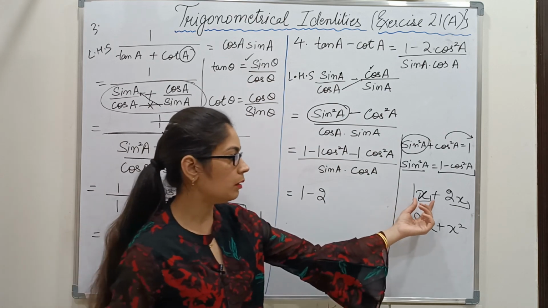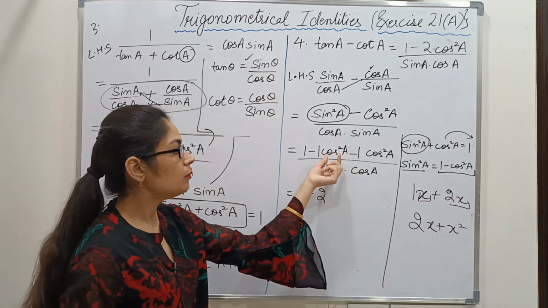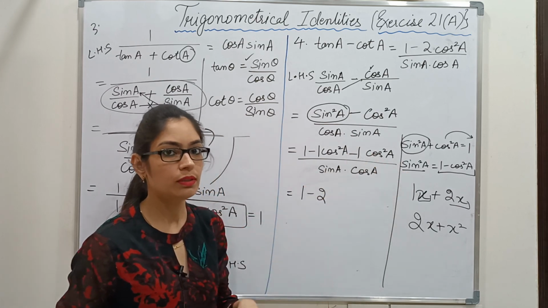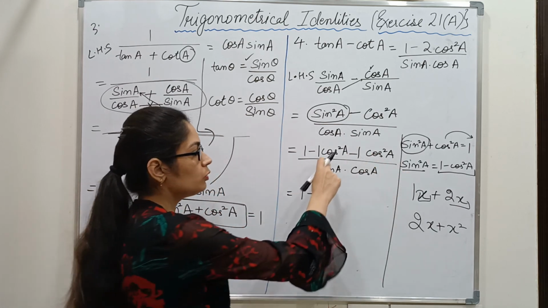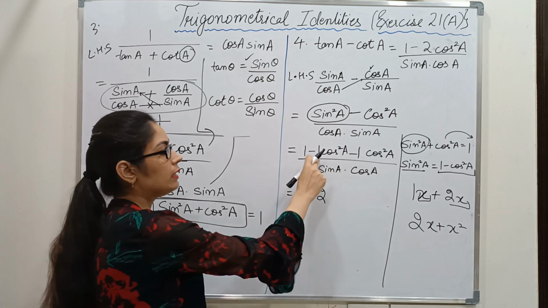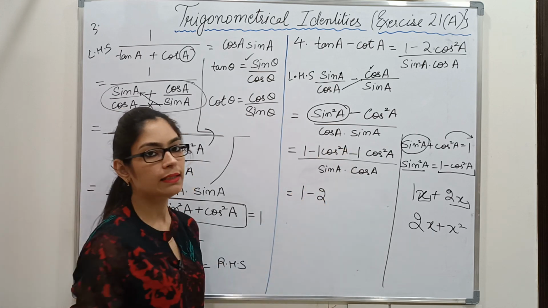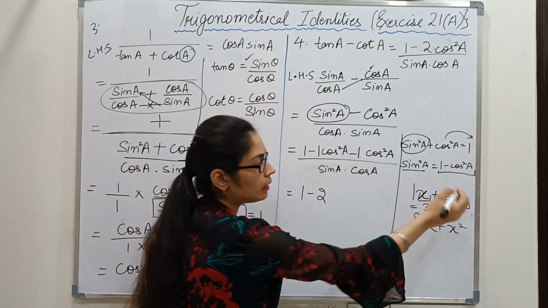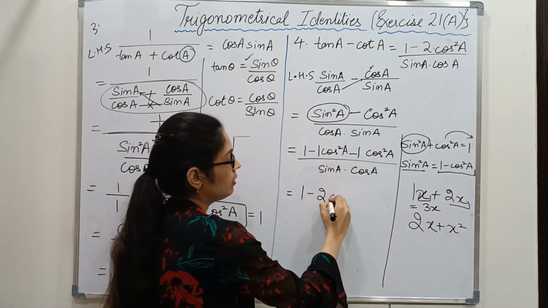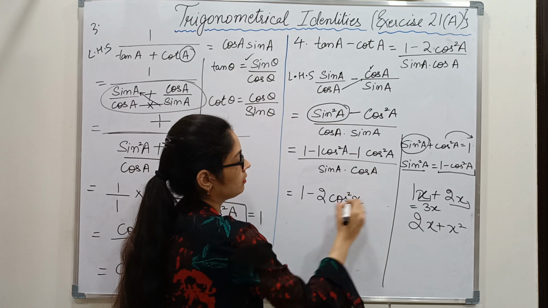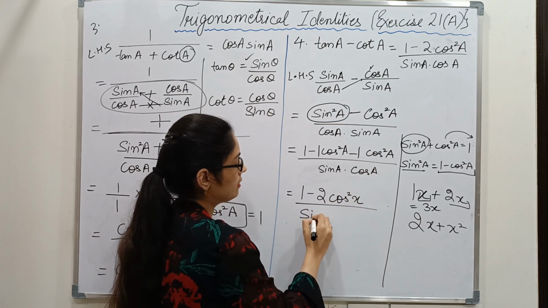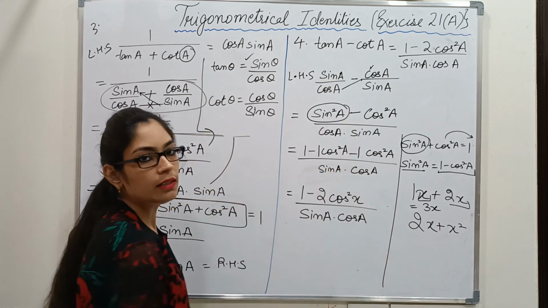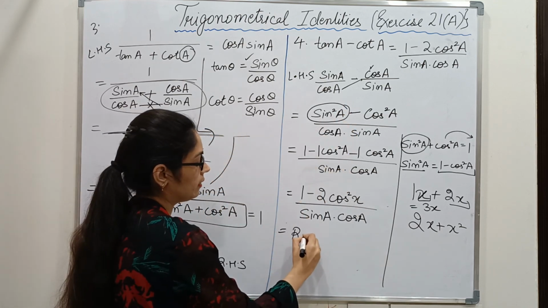So like terms, same terms. Here also this is cos square, this is also cos square, so both of these are like terms and we can add them. So minus 1 will become minus 2. Like here we used to write 3x, the variable as it is, in the same way cos square A we will write as it is, over sin A into cos A. So this we can see is equal to our right hand side.